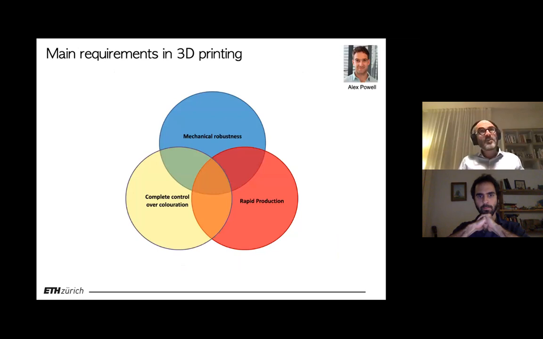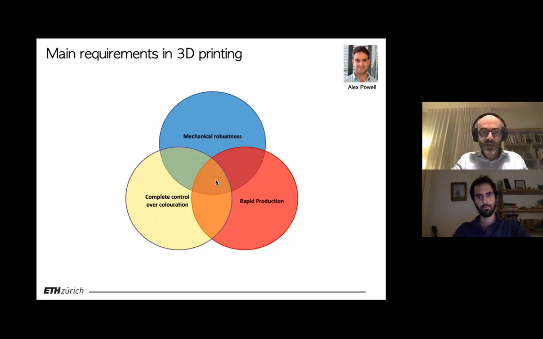Maybe if you want to benchmark them and quantify the performance, you may define, let's say, three main criteria. The robustness, of course, of the print. You want the print to be fast. You don't want to wait for ages to get your piece. Another one that seems very superficial, but is a true issue, is the aesthetics. You want to be able to control the color.